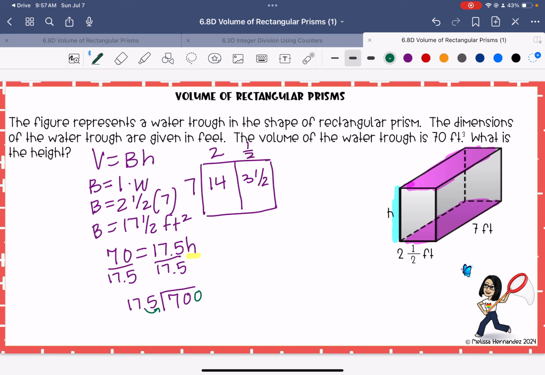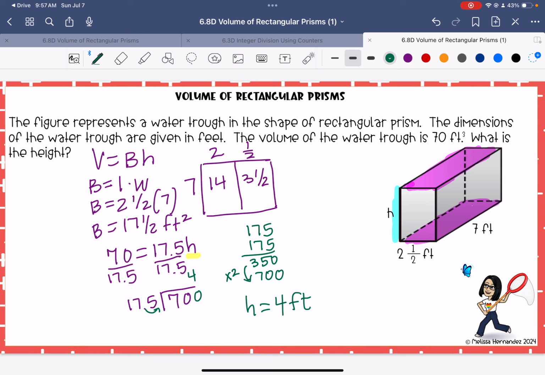I like kids to know why they're doing stuff. So I'm going to add 175. That gets me 350. Okay, I need to get to 700, but I know that if I double 350, I'm going to get 700. So what that tells me is 700 divided by 175 is equal to 4, which gives me the height. My height is 4 feet.